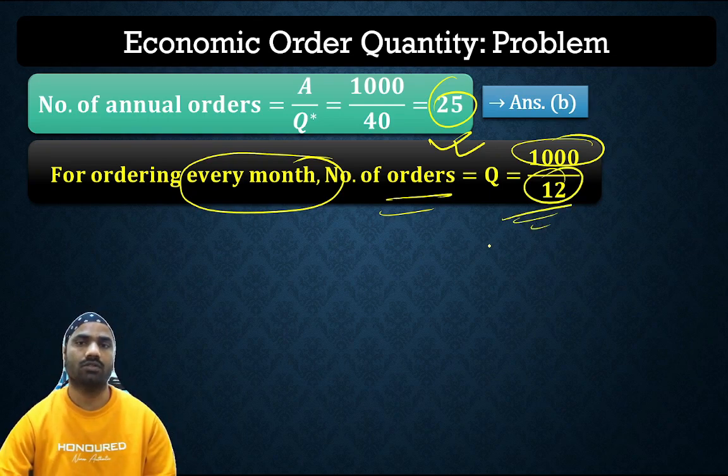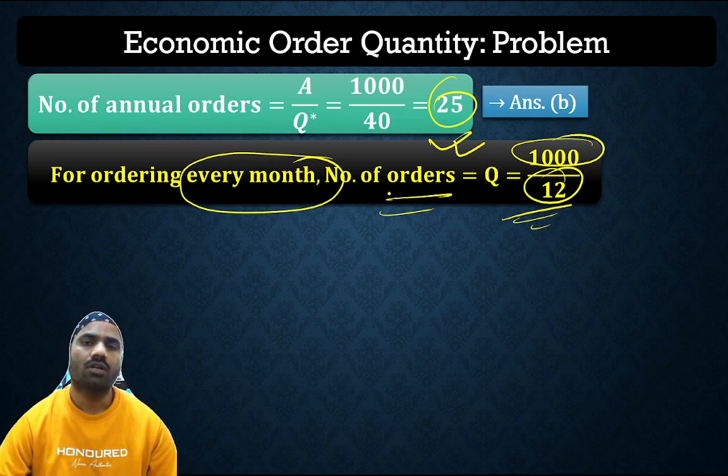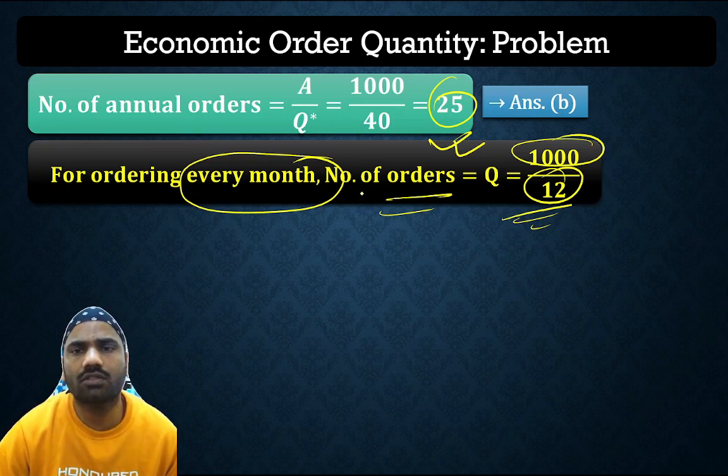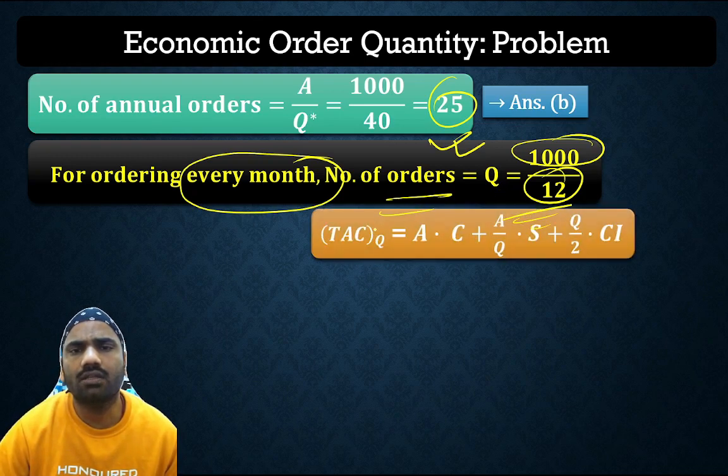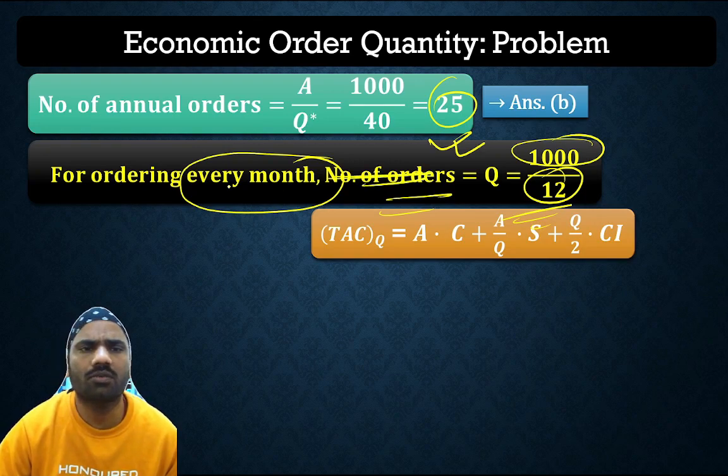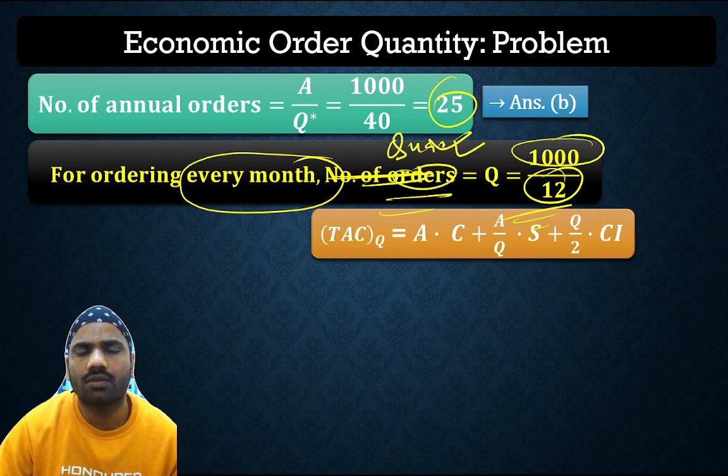The number of quantity Q will be 1000 by 12.